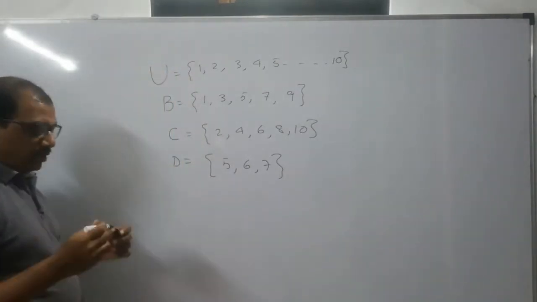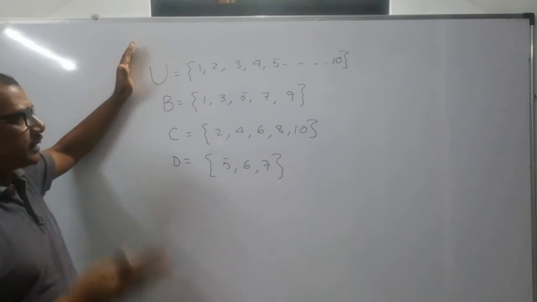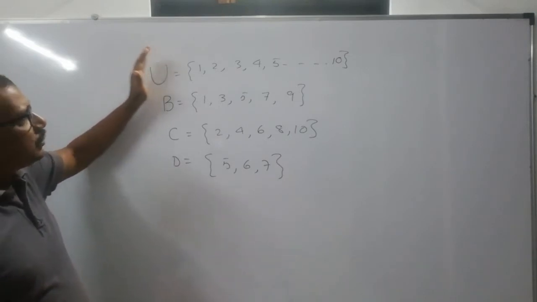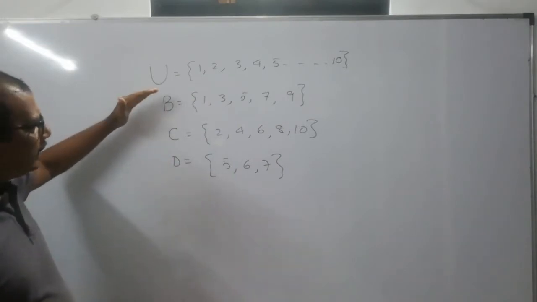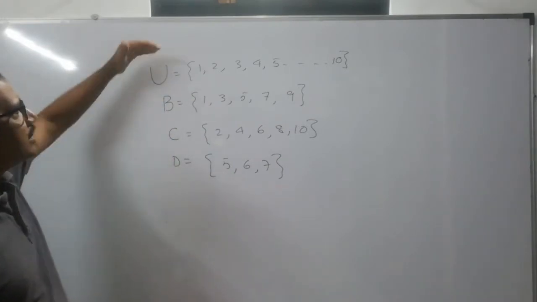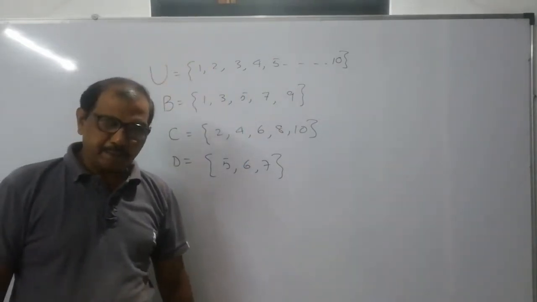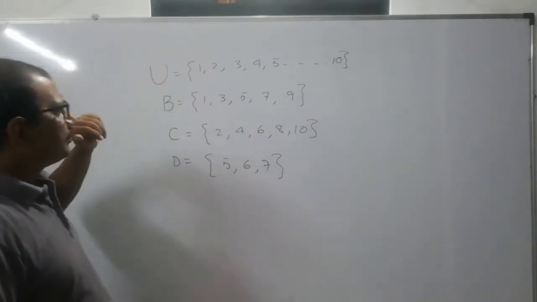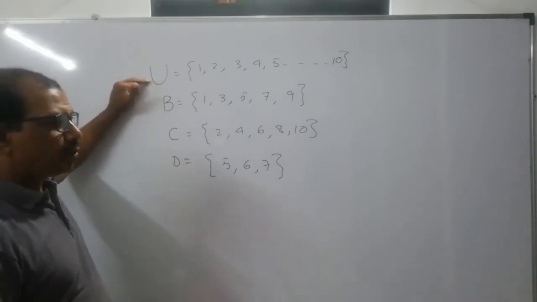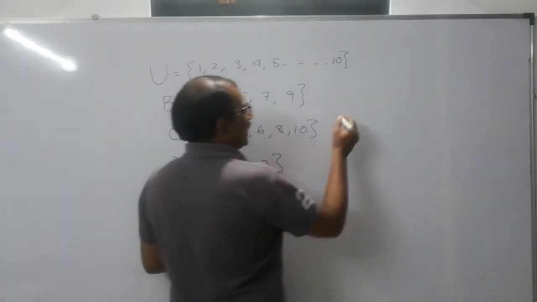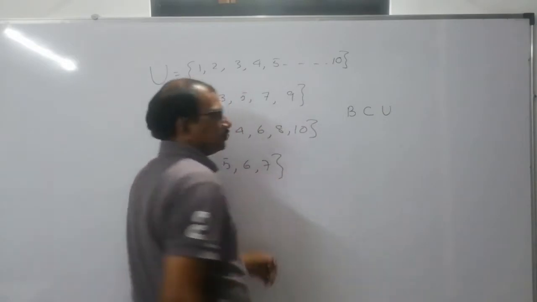Capital U. So universal set is that set, a superset, जिसके जो elements हैं, है ना, and in comparison to other sets, if all the elements of other sets are present in one set, that set will be called as a universal set, right. Now here, when I say all the elements of B are present in U, in that case we say that B is a subset of U.